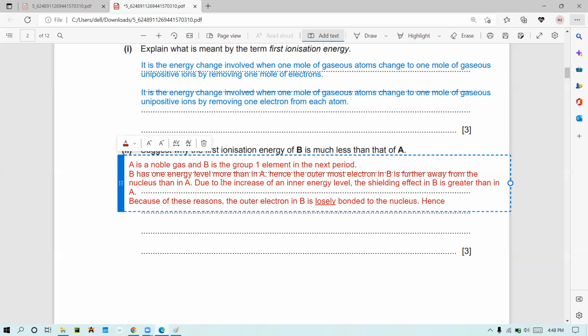Hence, the outermost electron in B can be removed easily using a smaller amount of heat energy.